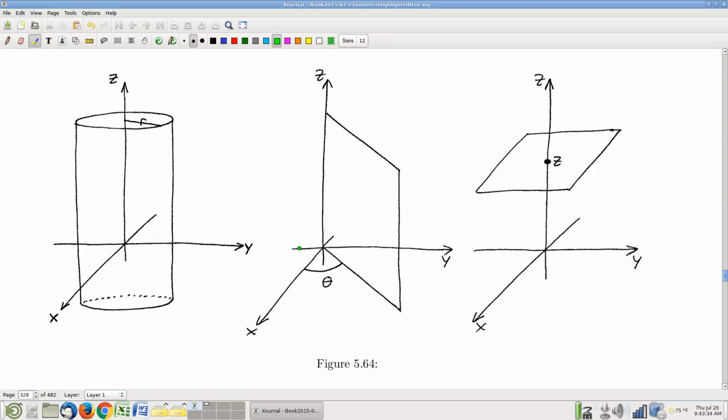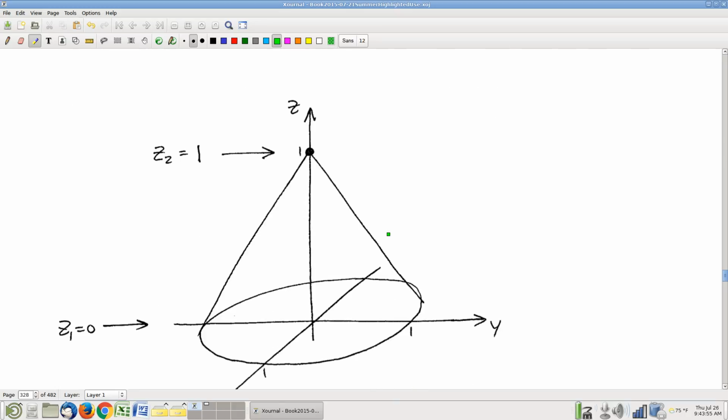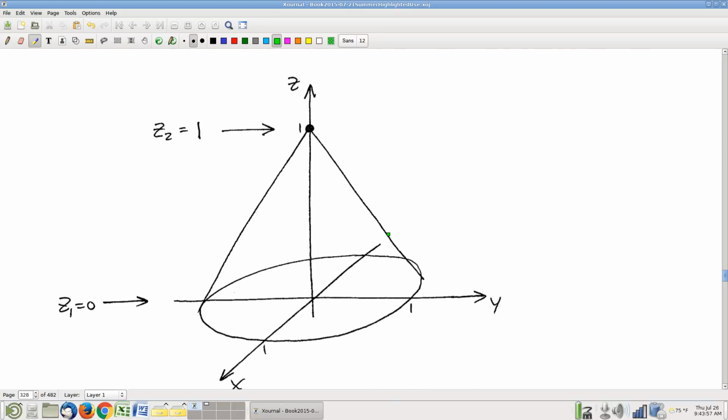And a z-slice, just like in rectangular coordinates, constant value of z is a horizontal plane. Okay, so just keeping in mind that this is what slices look like, slice up your domain with respect to these slices if you're going to do it in cylindrical coordinates. So here's an example domain like this.